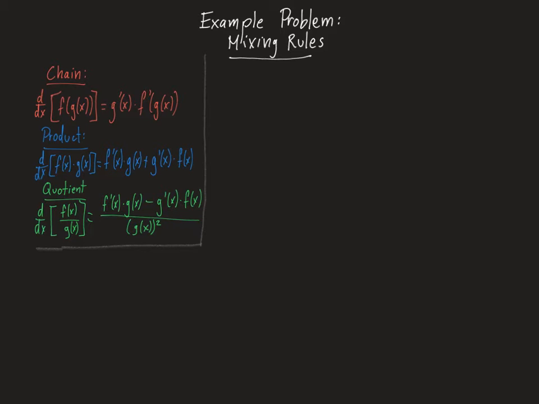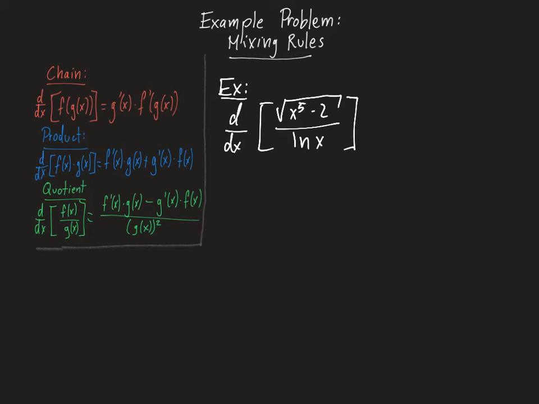So the next problem I want to cover is asking you guys to do the derivative of, let's say, square root of x to the fifth minus 2, divided by natural log of x.